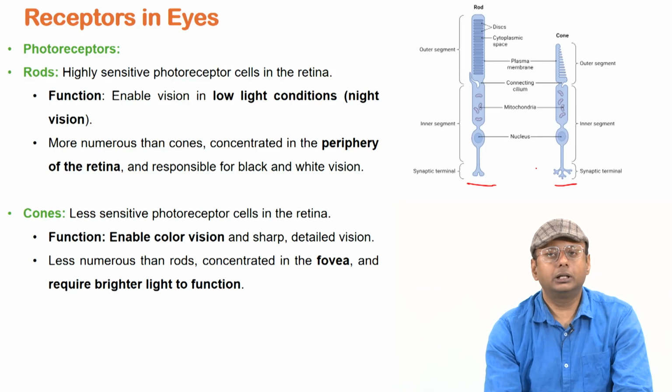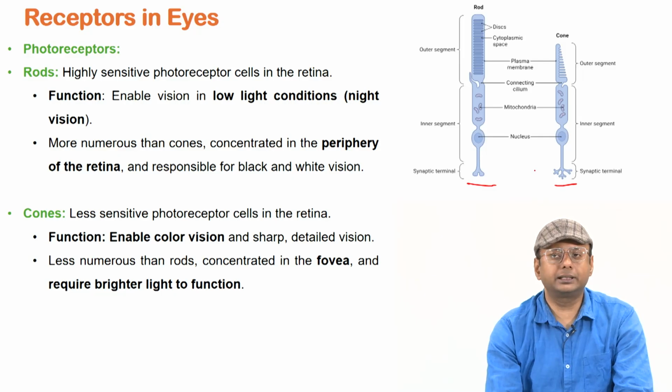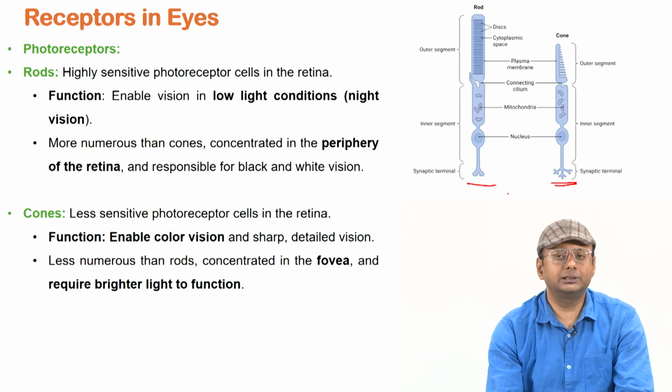And the rods are concentrated in the periphery of the retina, and are responsible for black and white vision. Okay, and cones, you can see these are another type of photoreceptor. These are less sensitive, not as sensitive as the rods, and mostly they enable color vision.